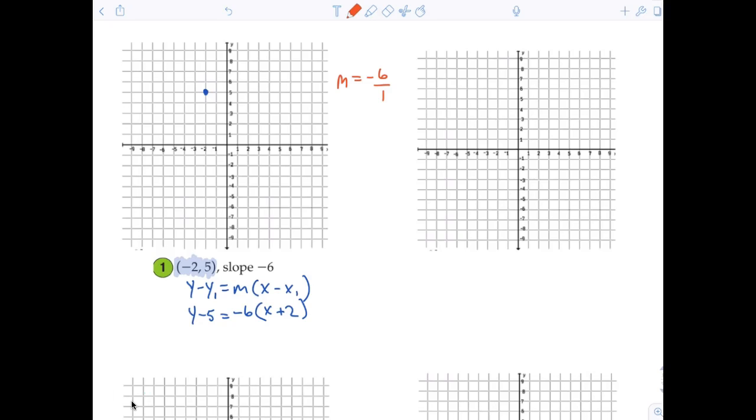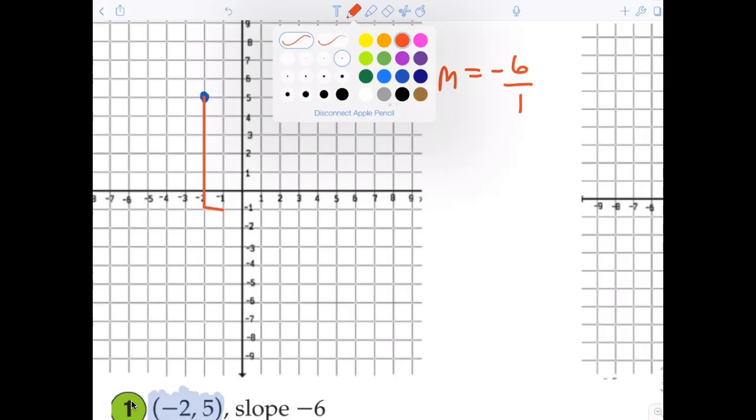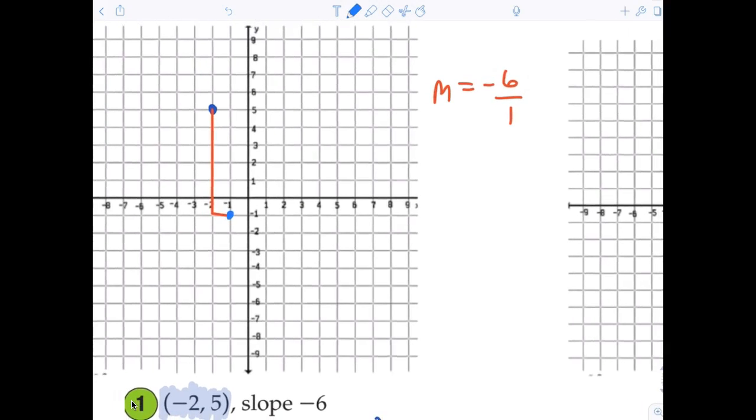From this point, I'm just going to draw it out. I go down 6. I do not plot a point. Then I go over to the right 1, and that's where I plot my next point. Now that I have those 2 points, I graph the line.